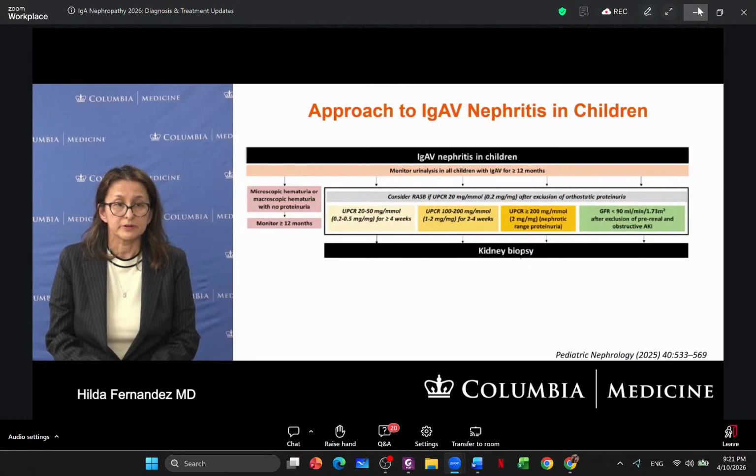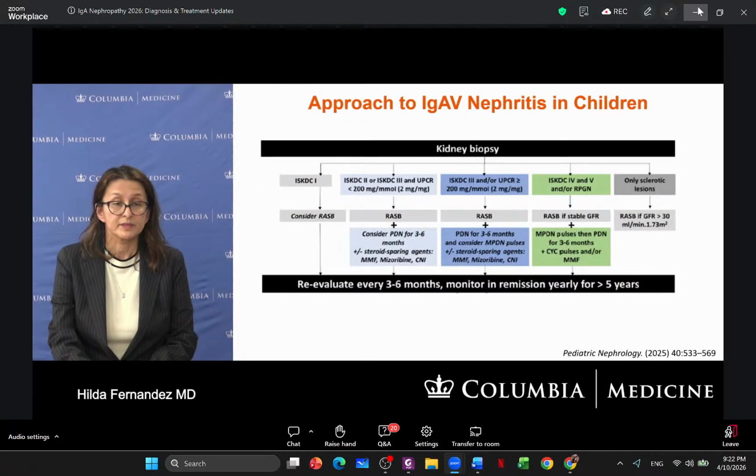We're going to be monitoring our kids to see if they develop nephritis. If they do, then we're going to consider doing a kidney biopsy depending on the amount of proteinuria and for how long it's been going on. If there's certainly a concern that it's nephrotic range, then that would push us to do the kidney biopsy.